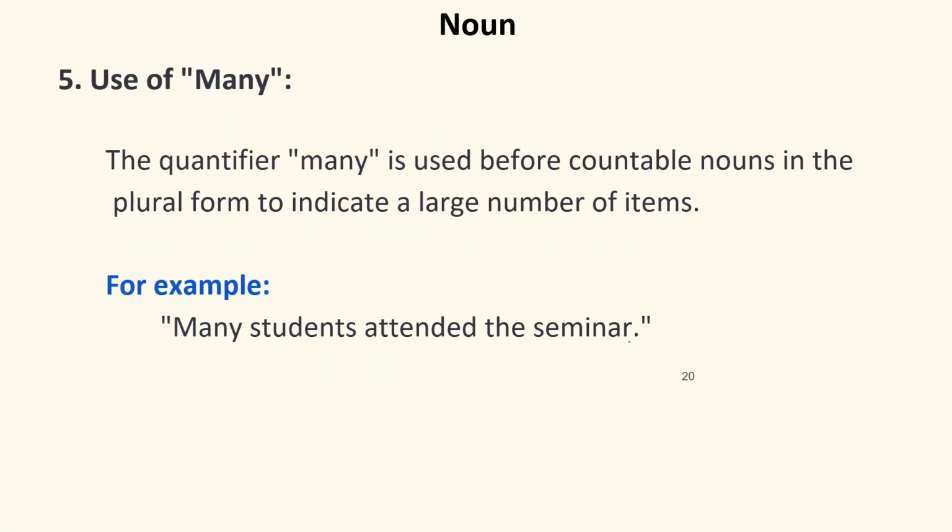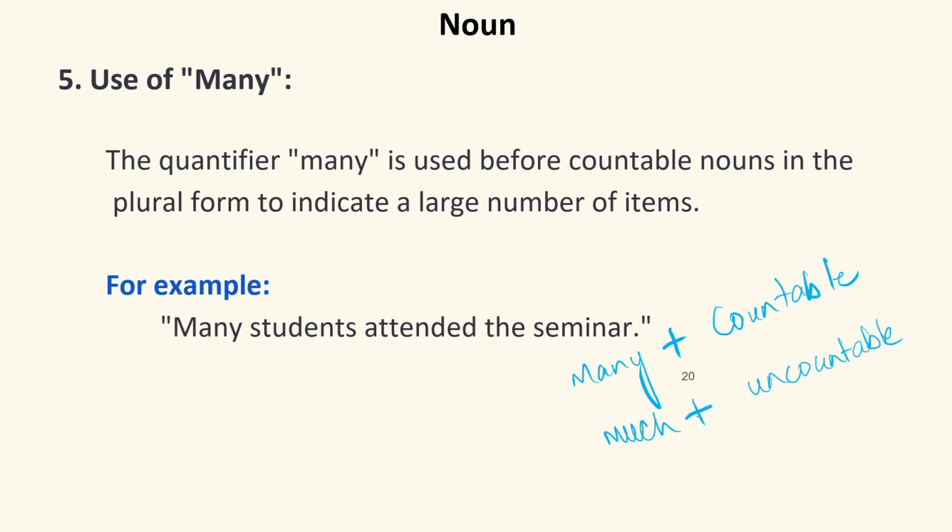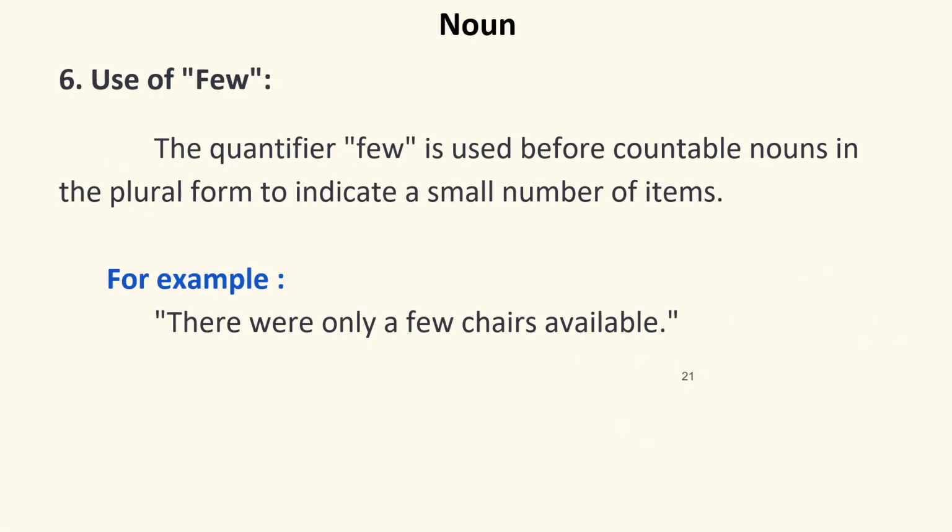Many is actually a qualifier which is used with countable nouns. But if the noun is uncountable, we use much. For example, many stars, whereas much milk.